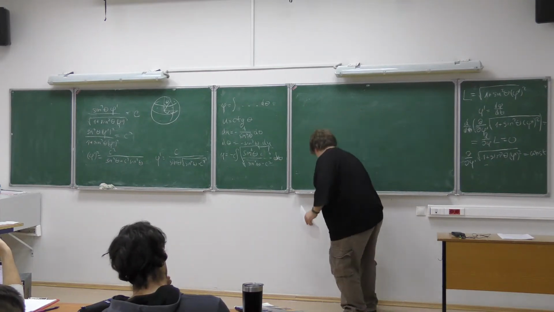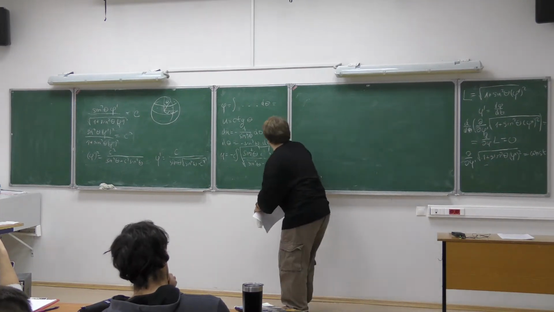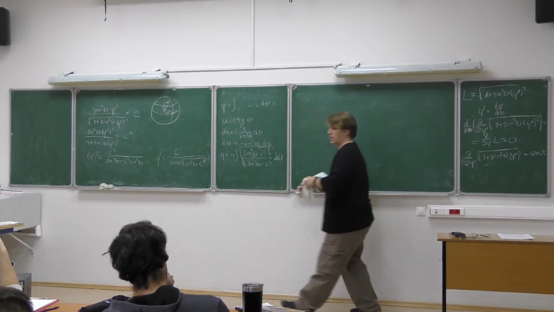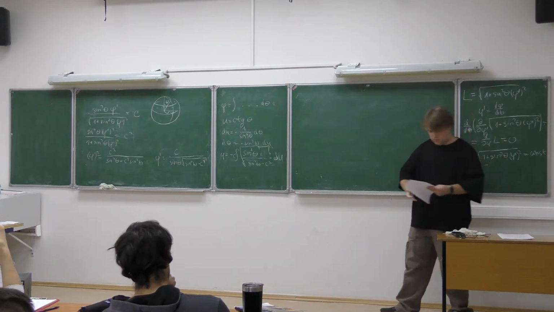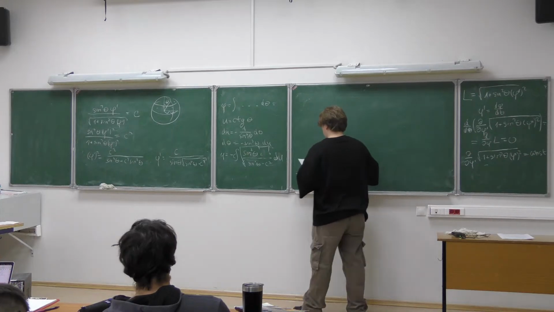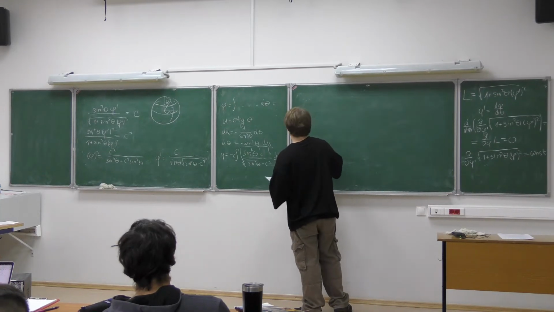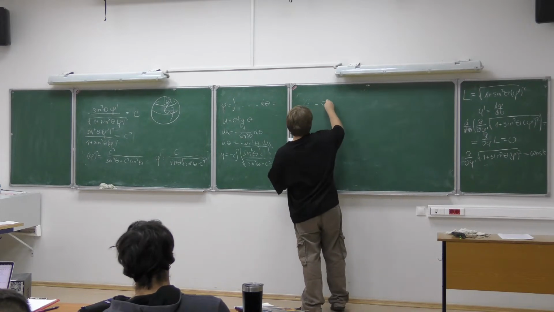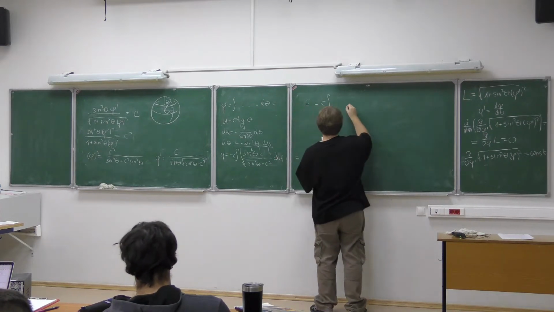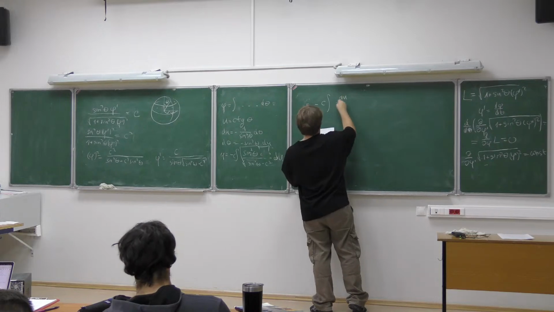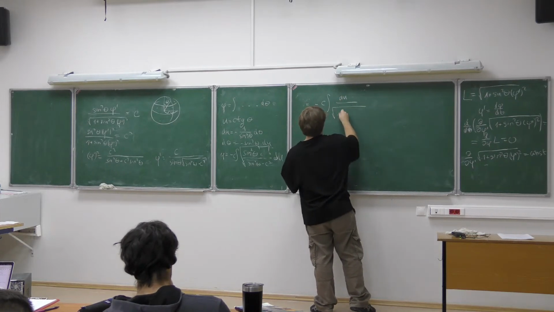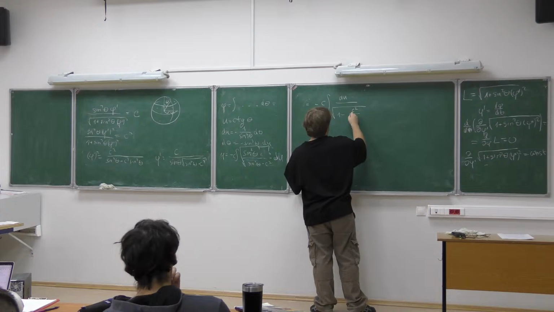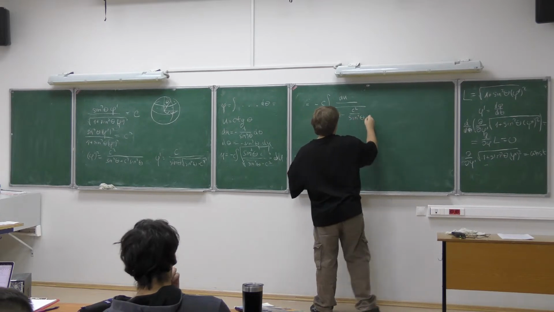Changing the variables, this is equal to minus the integral of c du over the square root of 1 minus c squared.